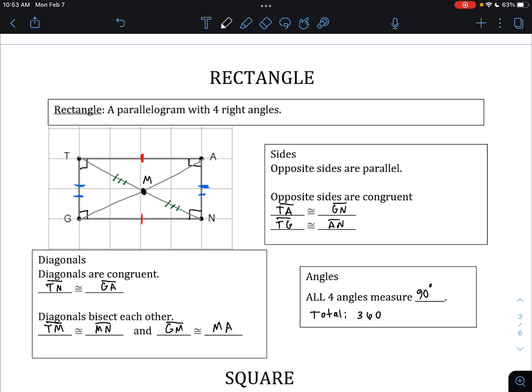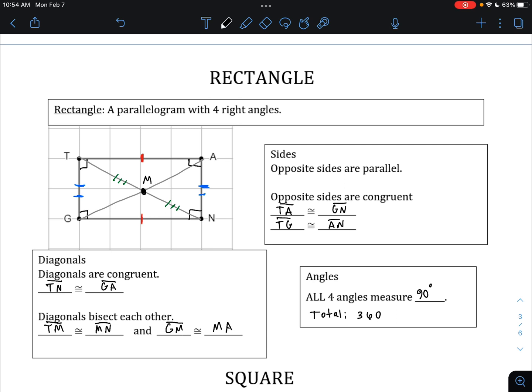They're exactly half of the whole diagonal. Well, I know GA is the same length as TN, and I know that M is the midpoint of GA, so GM and MA must also be half of the original diagonal.